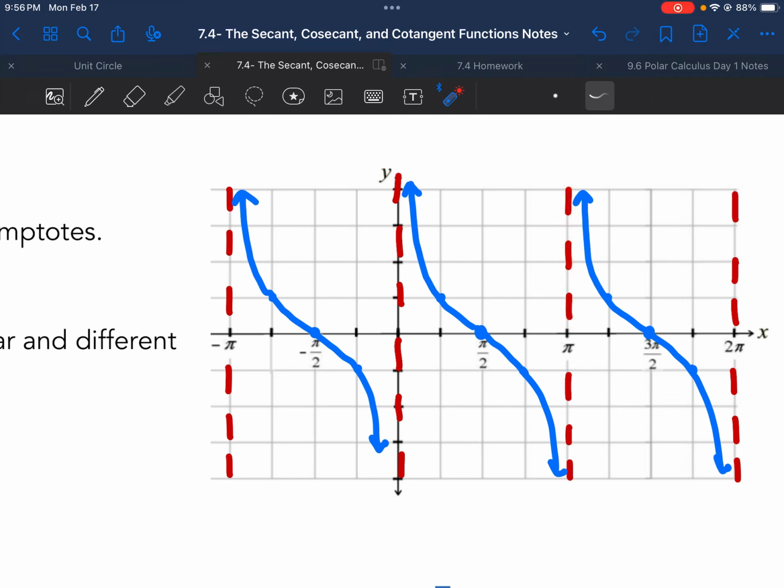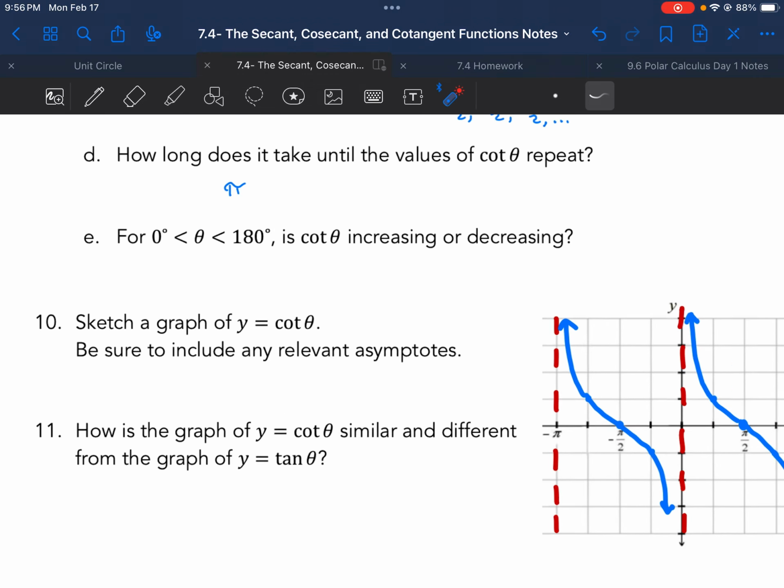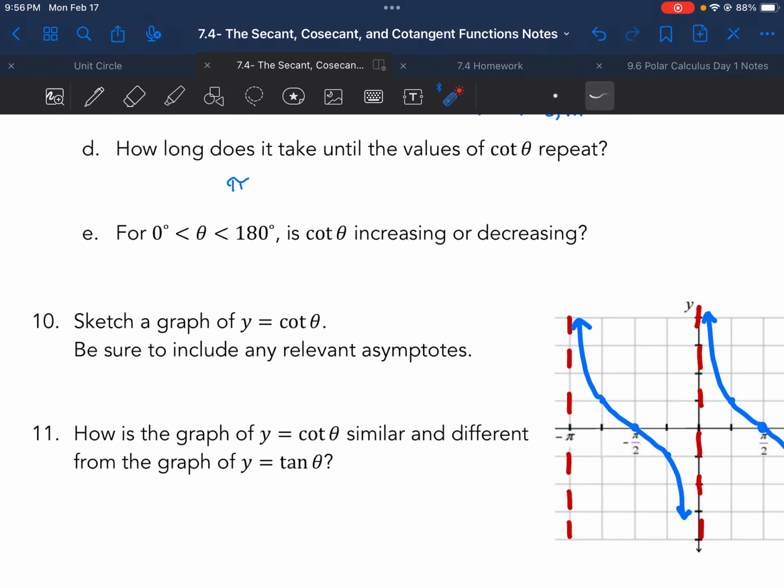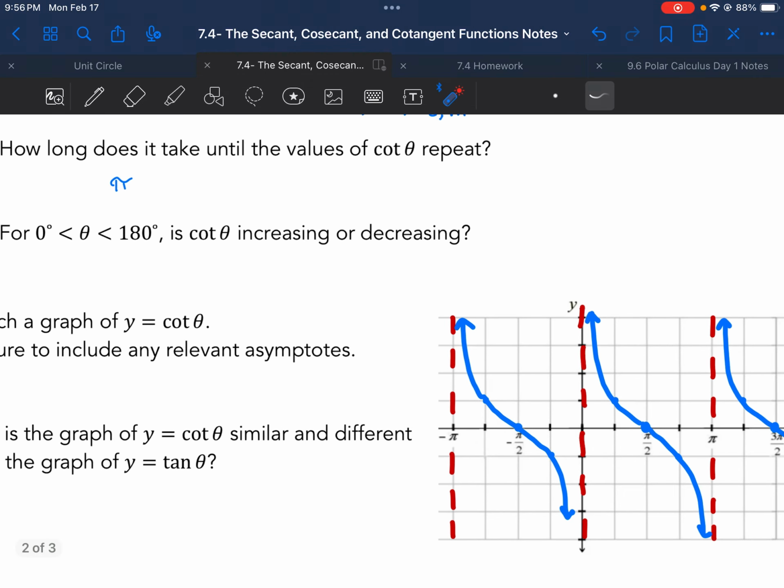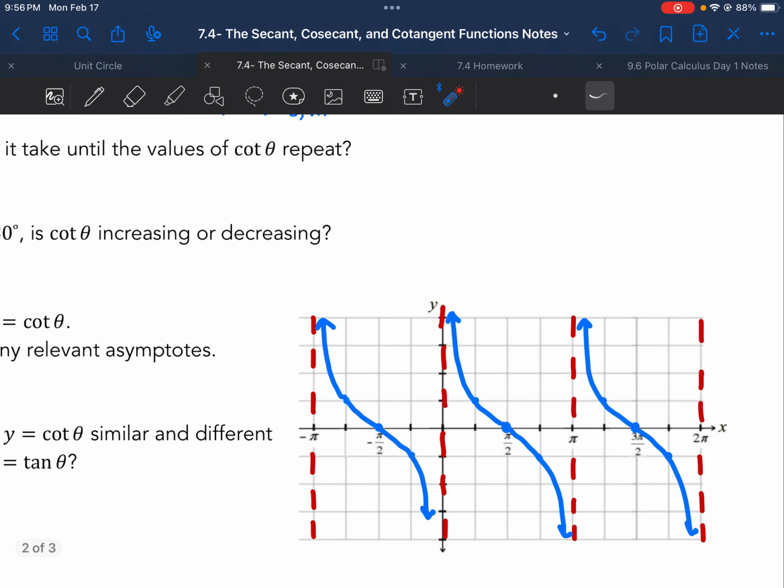In every pi, we have an asymptote. And then the parent graph of cotangent is decreasing, whereas the parent graph of tangent, all those little segments were increasing. So for angles between 0 and 180 degrees, or 0 to pi, is cotangent increasing or decreasing? Well, from 0 to pi, the graph is decreasing.